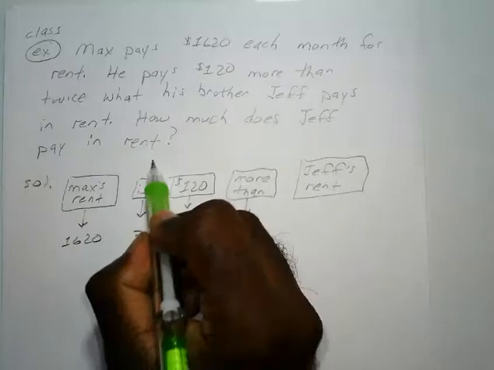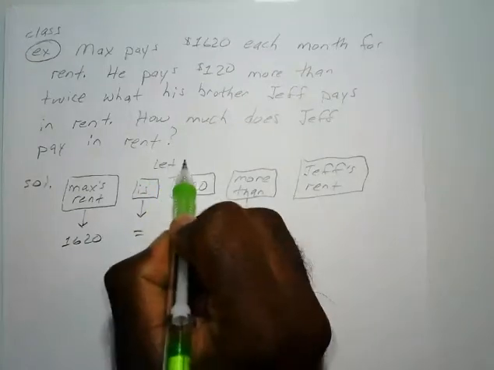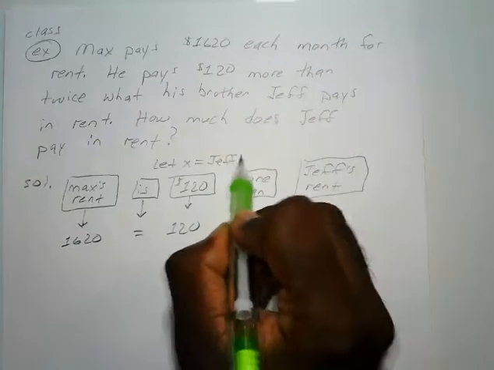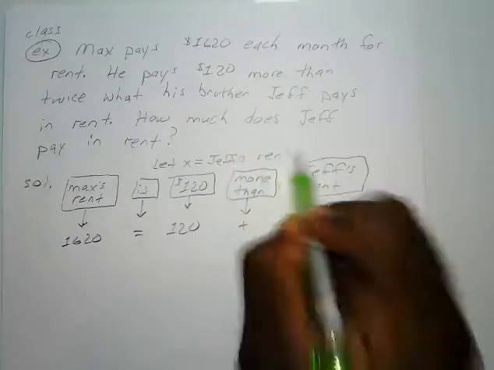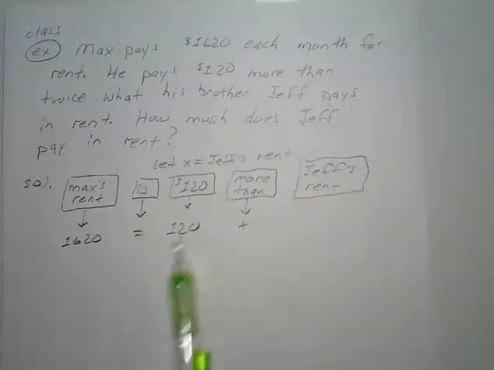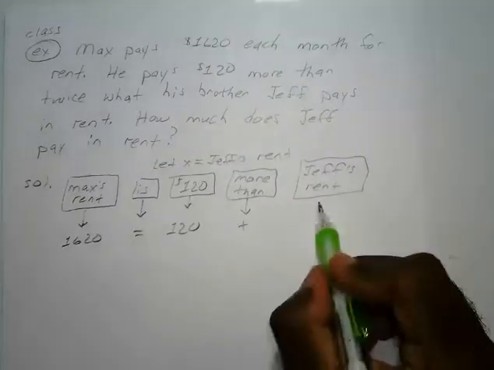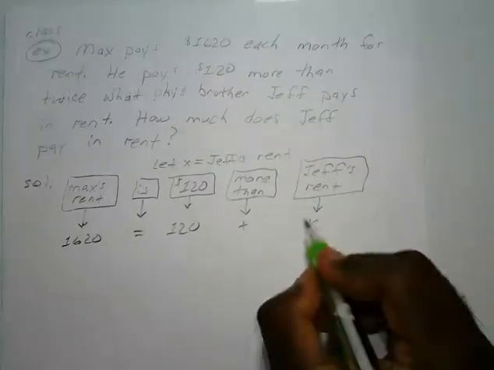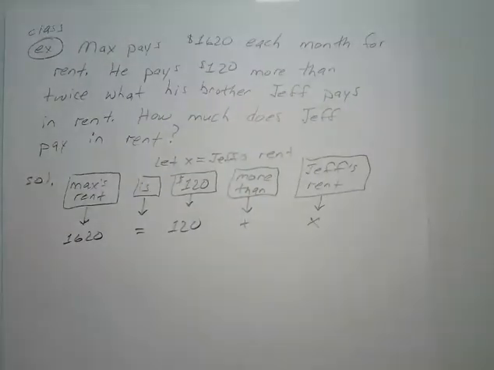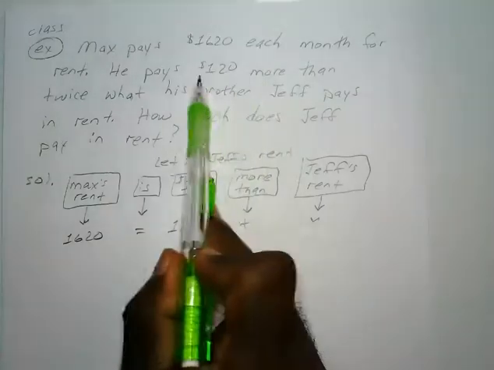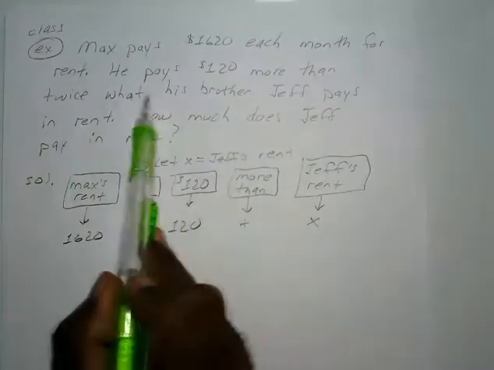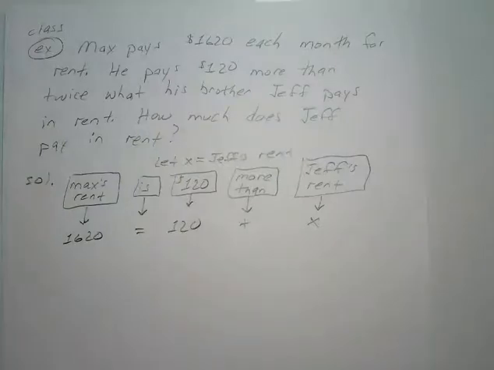So what we're going to do is let x equal Jeff's rent. If Jeff's rent is our unknown, let that equal x. But remember, it's $120 more than twice what Jeff's rent is.